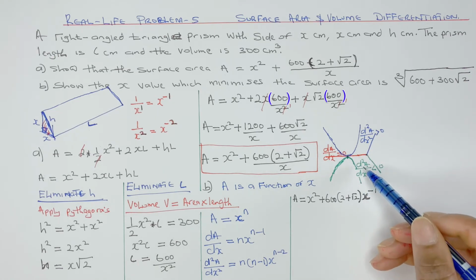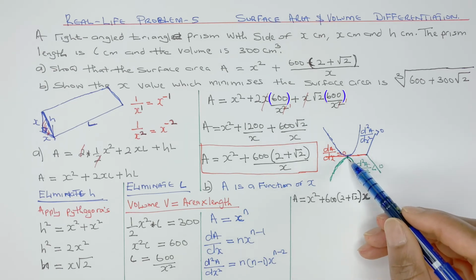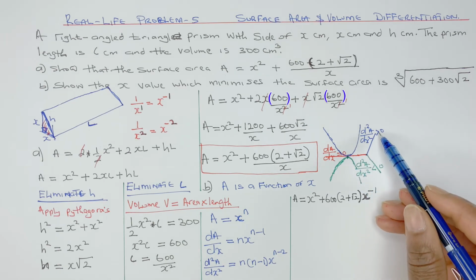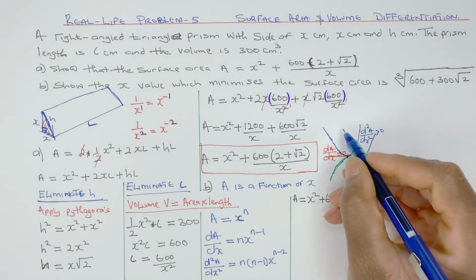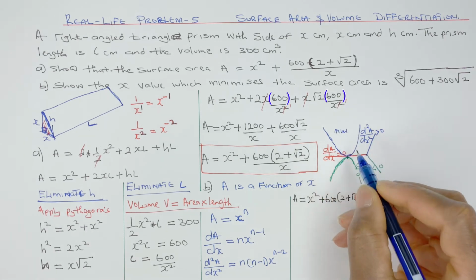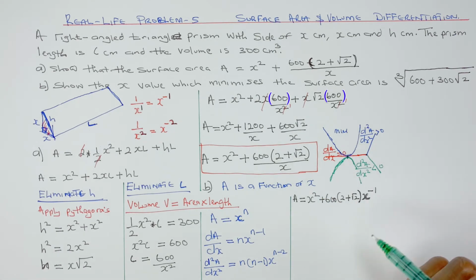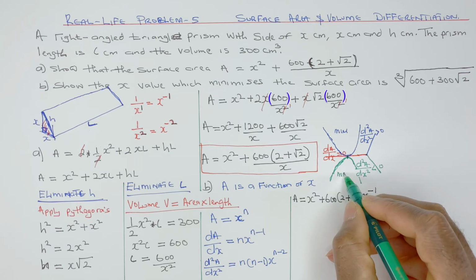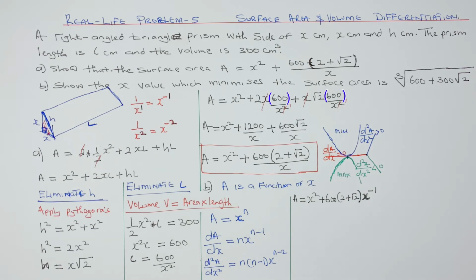So if you find the second derivative and you put the value of x in it, if you get positive, that means it's a minimum. And if it's negative, you get a maximum. So that's what we're trying to do here.